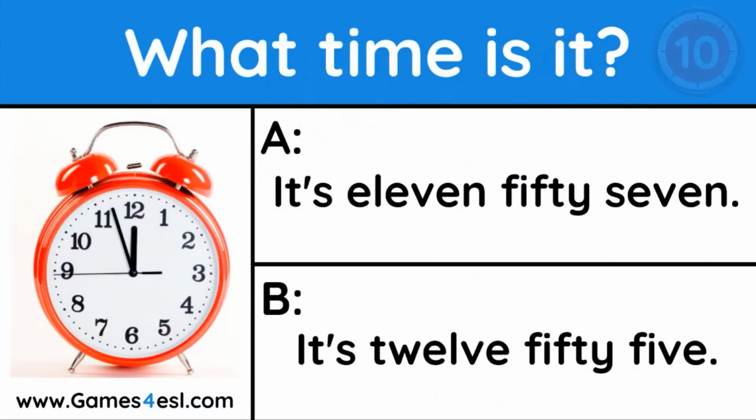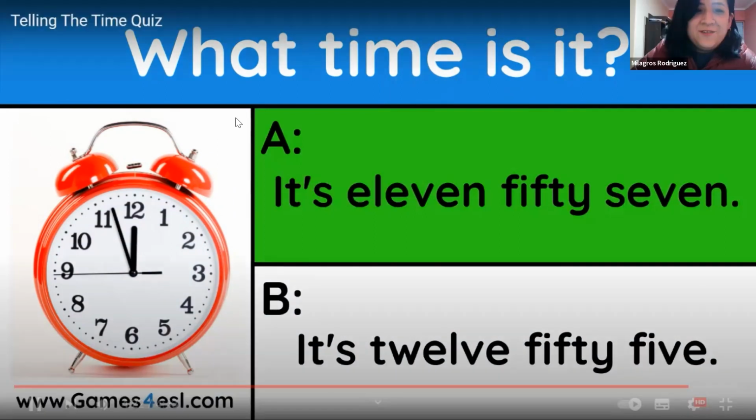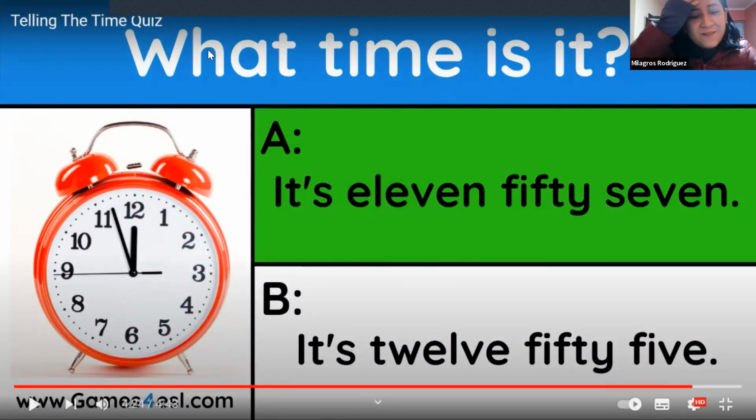What time is it? It's 11:57. Okay, I'm going to stop here for a second. The correct option is 11:57, but that's the first form of telling the time.